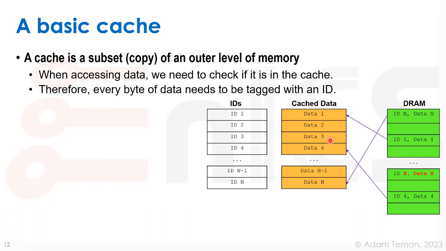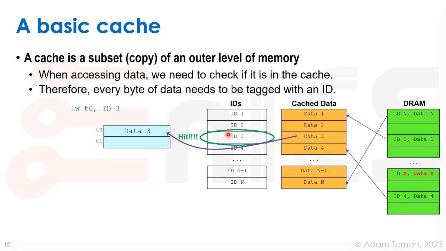And when we bring it into the cache, we took this one over here, which had ID number 1 and data number 1, and put it in the cache. So we store it as data number 1, and we have another array that has the IDs, where it stores that as ID number 1. And so when we load word to register T0, where we want to load ID 3, we go and find ID 3 and say, aha, we have a cache hit.